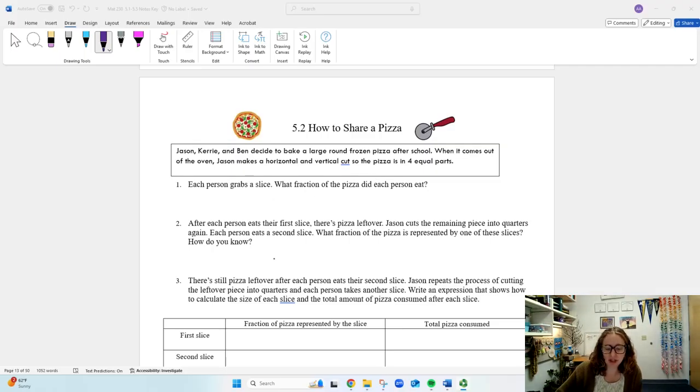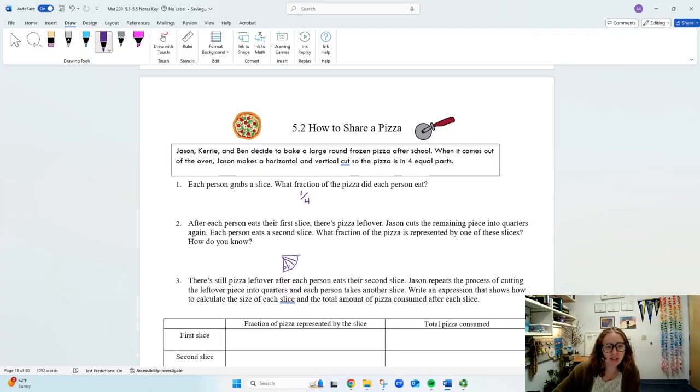So each slice was just 1/4 of our pizza, but then there's a piece actually left over, and that last 1/4 that is left over, we're actually going to cut it again into fourths, and then each person is going to get one of those.